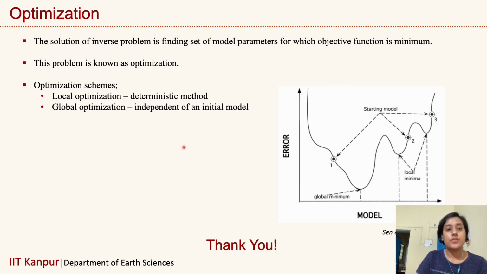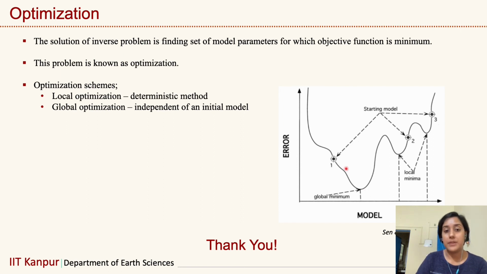For that, a very famous optimization scheme is local optimization, which is a kind of deterministic method, because in this scheme you first assume one initial model, and then by applying gradient descent or conjugate gradient descent, it tries to reach the point where we get zero gradient. But this technique is very prone to the position of your initial model.